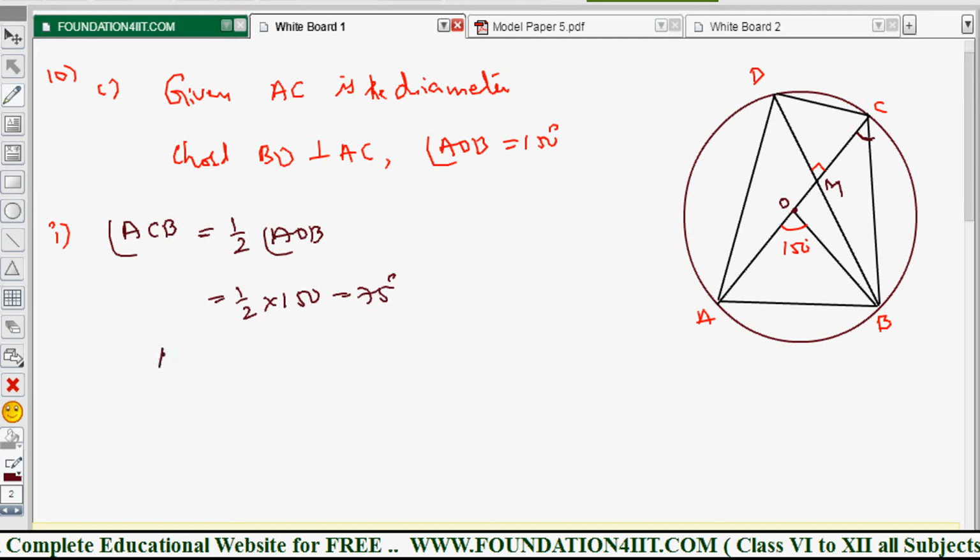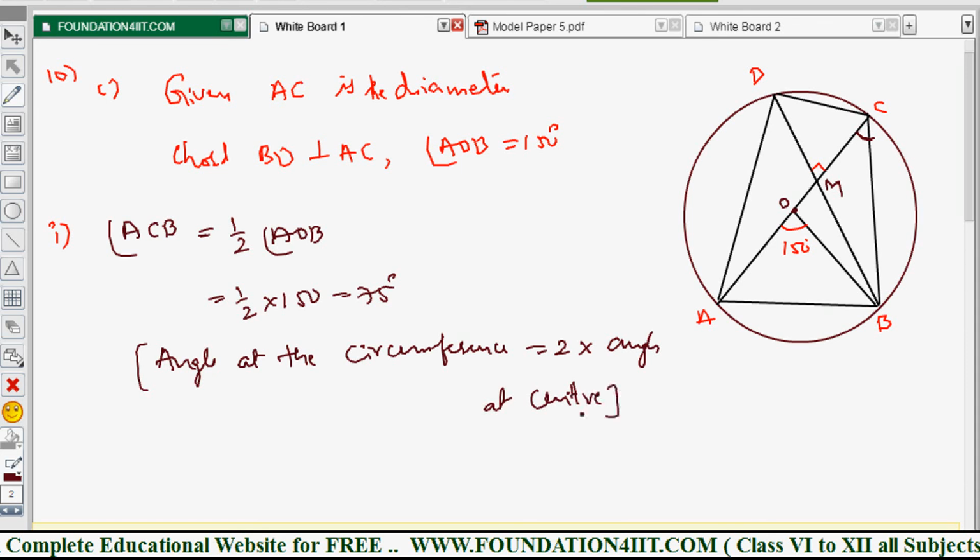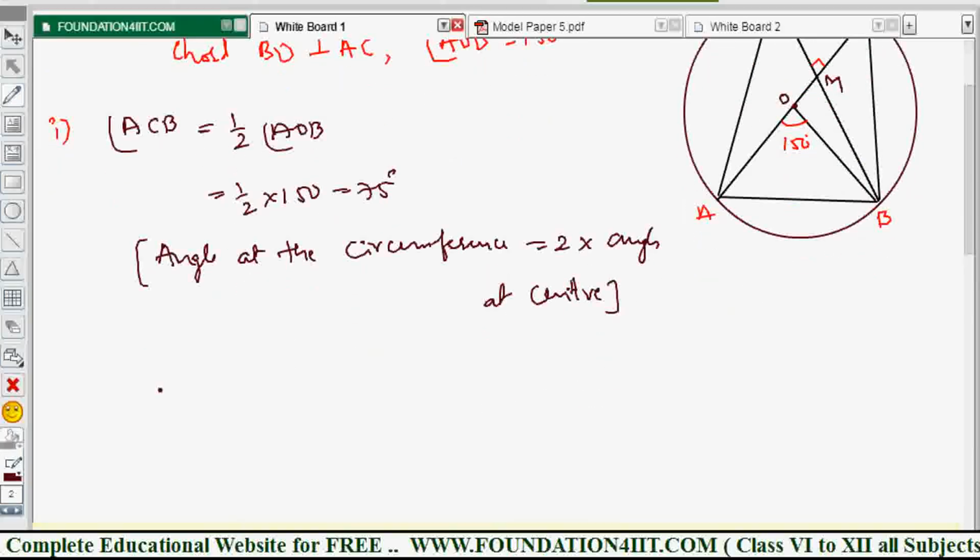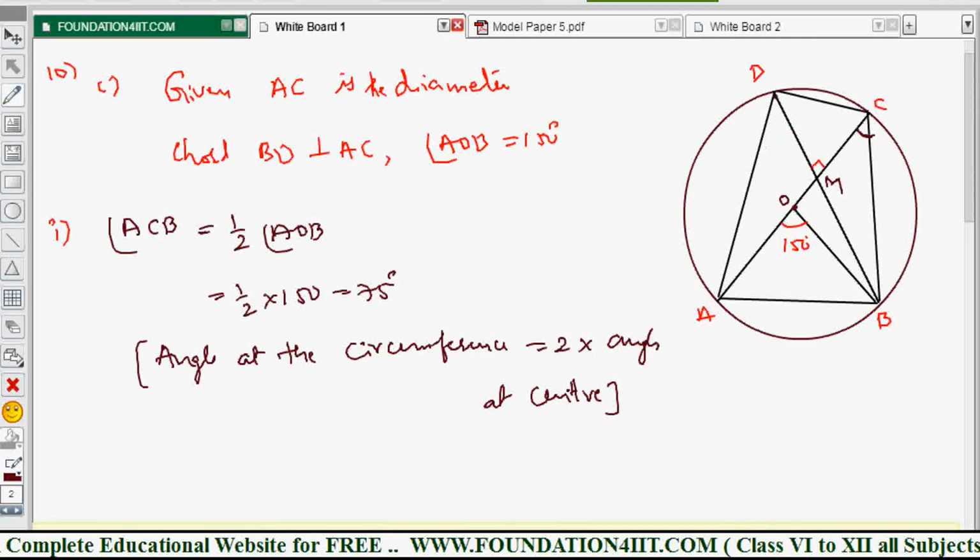So the rule is angle at the center, from the same chord, same arc you can take, is 2 into angle at the circumference. This you can take. And from this, next one you should find out angle DAC.